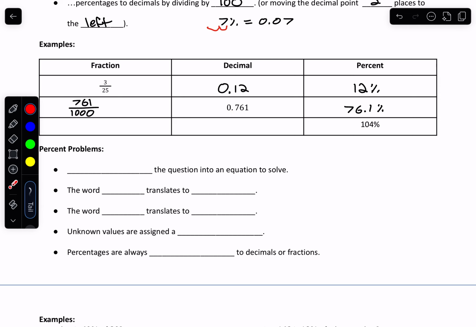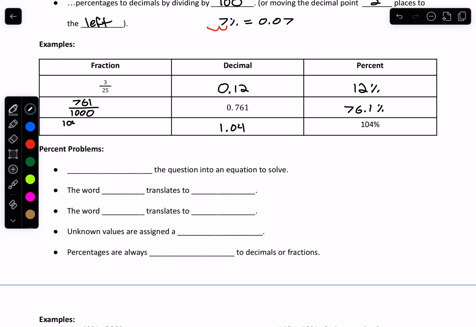All right, last one, we need to take a percentage of 104% and turn it into a decimal. So we can move the decimal twice to the left to get 1.04 as our decimal. So just moving the decimal twice to the left, that is the same thing as dividing by 100. And then the way we turn it into a fraction is we take the original percentage and we write it over 100.